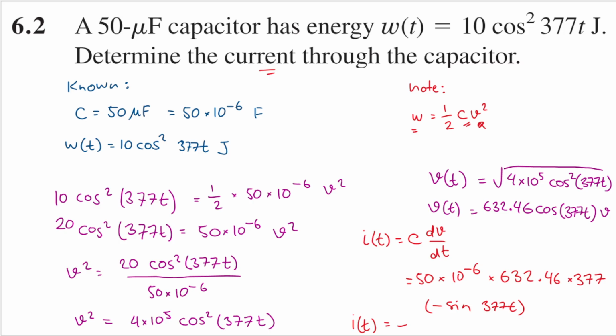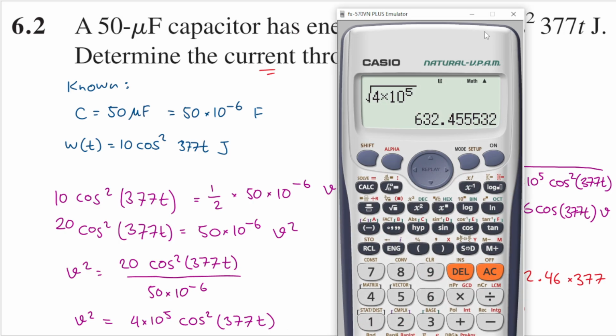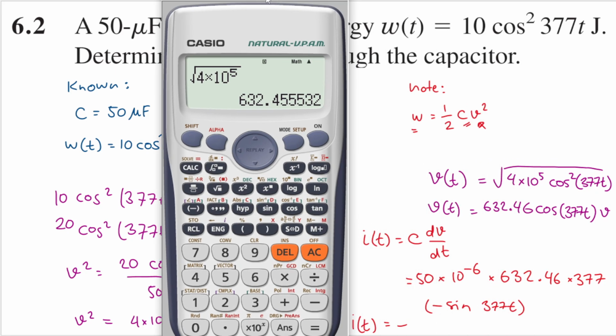So i(t) is equal to minus, and let's multiply all of that with our calculator: 50 multiplied by 10 to the minus 6, multiplied by 632.46, then multiplied by 377. I will have 11.92.